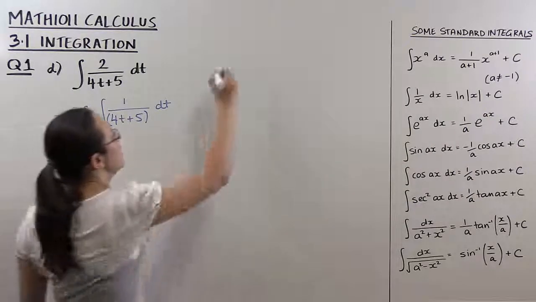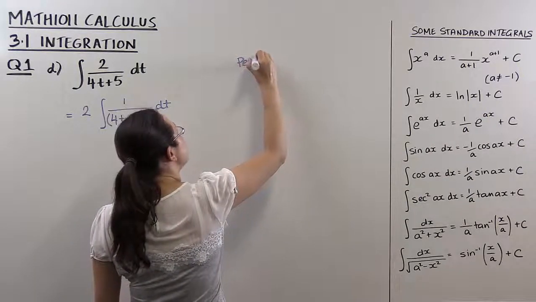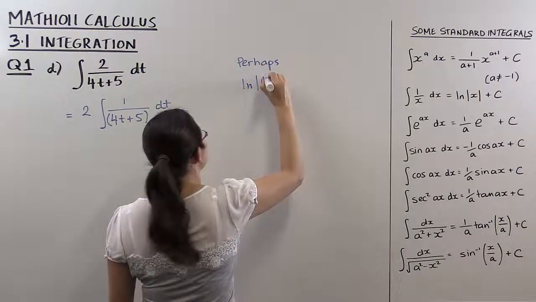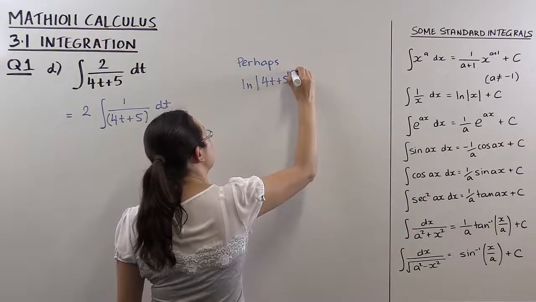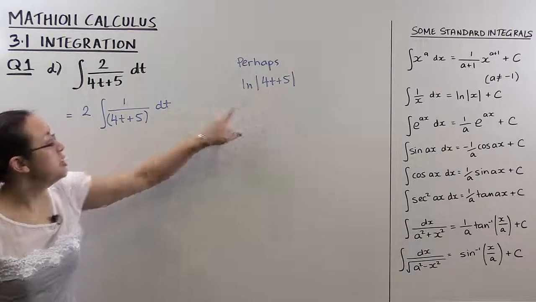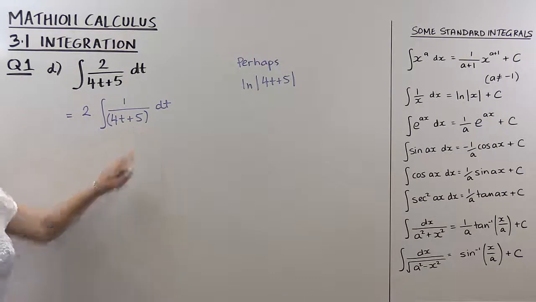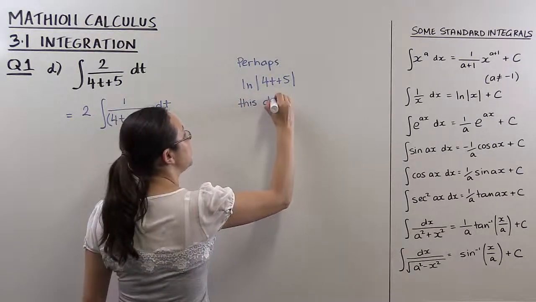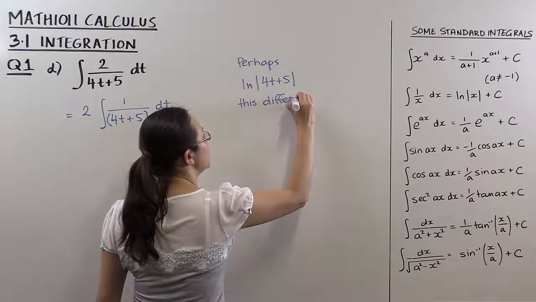So I suspect perhaps the answer is ln of 4t plus 5 here. So if that was the answer, then this should differentiate to this expression here. However, when we differentiate this, we do have to apply a chain rule.